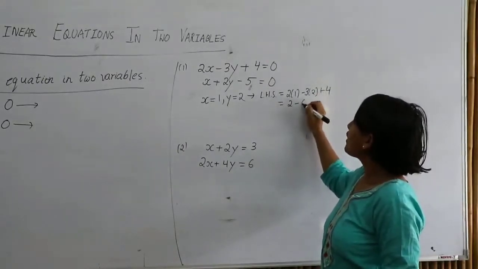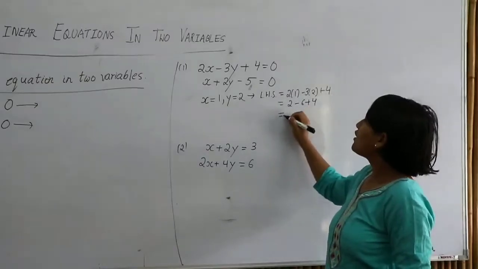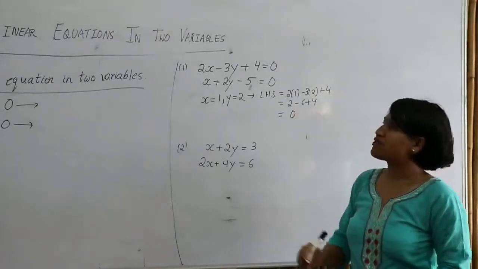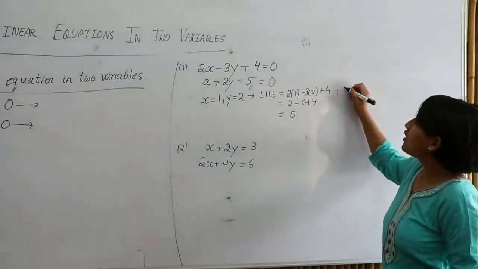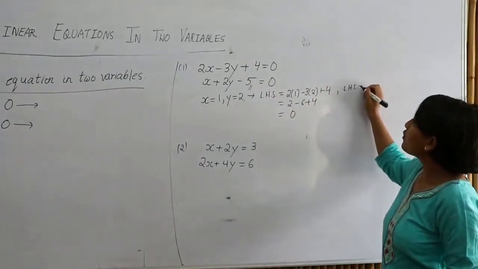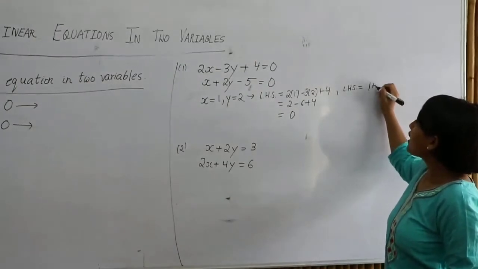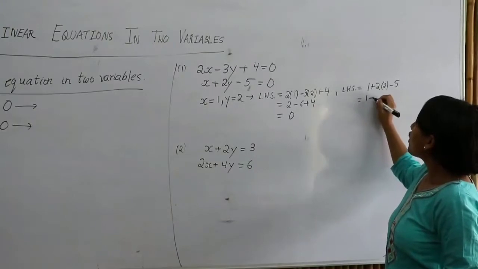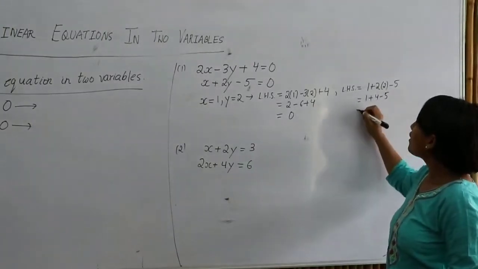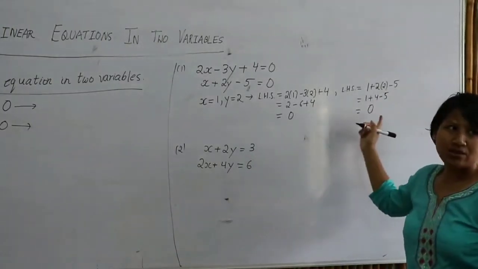You will get 2 minus 6 plus 4. They will cancel. Minus 4 plus 4 will be 0. Now for the second equation, the left hand side will be what? 1 plus 2 into 2 minus 5. So 1 plus 4 minus 5. So this also will be 0.